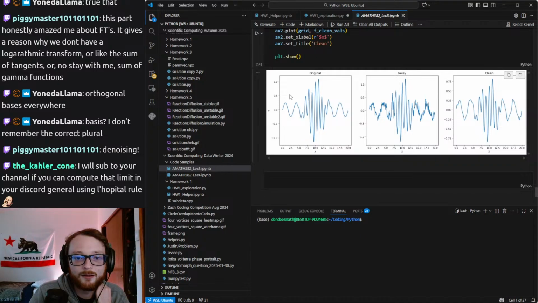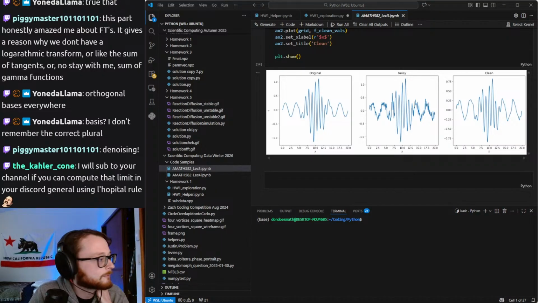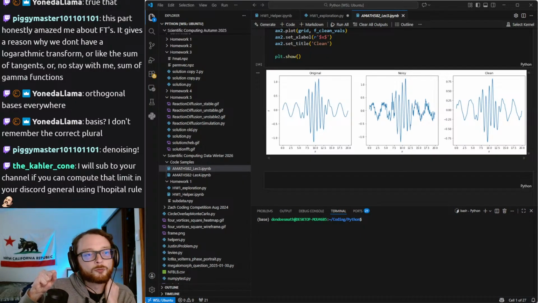I'm trying to figure out a different denoising technique, though, that the homework assignment mentions we should do, but we don't have an example for, at least not yet. But I think I can figure it out on my own. I think it's when you have multiple sets of data over time.